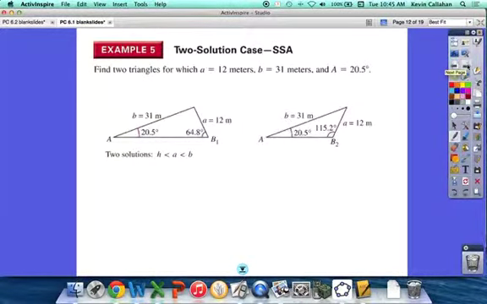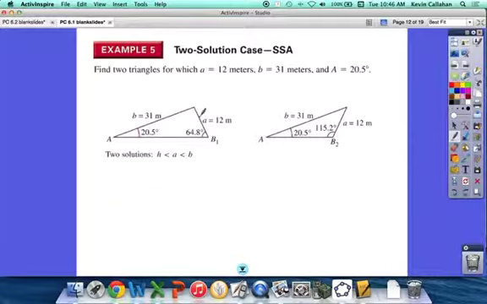And these are the answers right away, just to see what we're talking about here. For the three values that we were given, A, B, and angle A, you can form a triangle with that length of a side of 12 going to the right of the height of the triangle. In that case, it's an acute angle. Or that same length here, if you swing it to the other side, it would still form a triangle and would look like this.